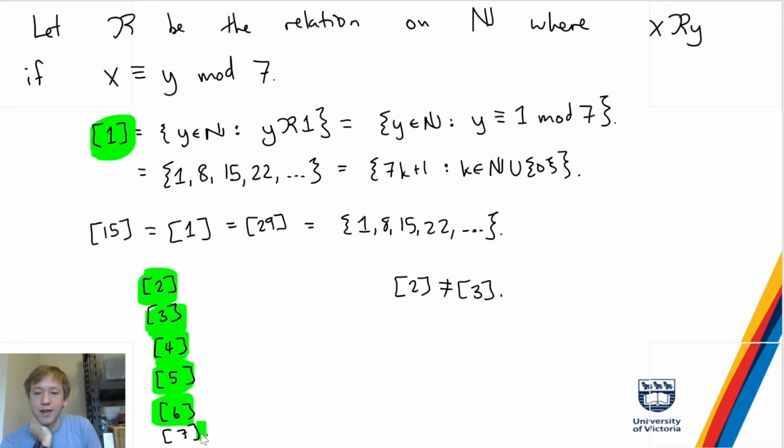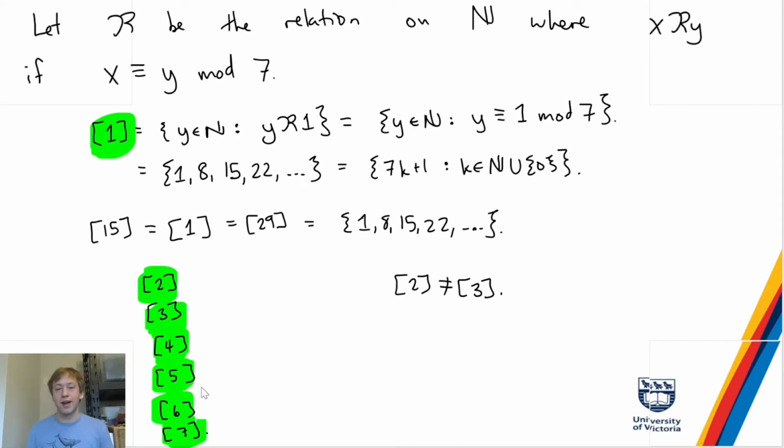Because if you take an integer and look at the remainder when I divide by 7, the remainder is either going to be 1 or 2 or 3 or 4 or 5 or 6 or 0. And this class is going to be the set of all things with a remainder of 1. This is going to be remainder 2, 3, 4, 5, 6. And then you have to be a bit careful here. This is going to be the set of all things with a remainder of 0.